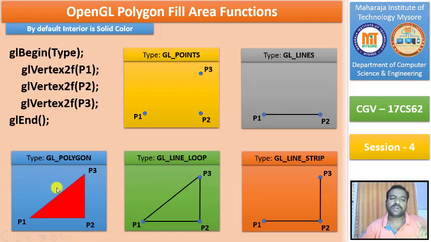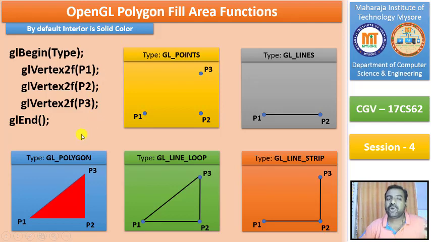Now look at the polygon, something has appeared over here. When I have GL polygon, it is similar to GL line loop. That is, P1 to P2, P2 to P3, P3 to P1 is the outline of your polygon. As I mentioned, by default the interior is a solid color.